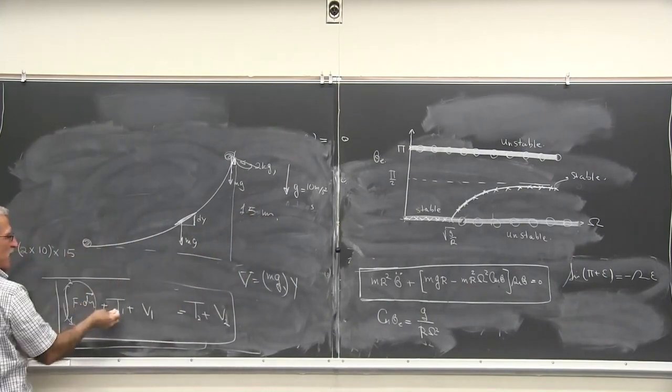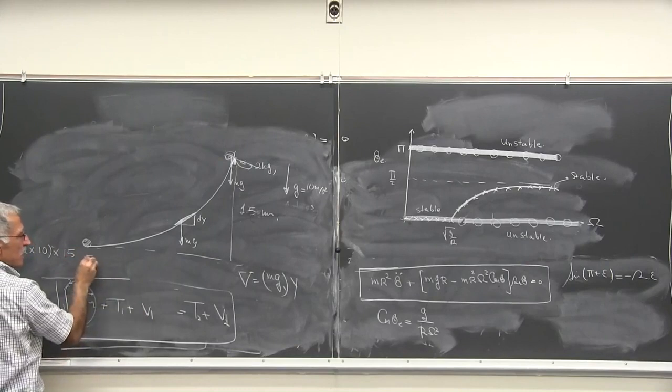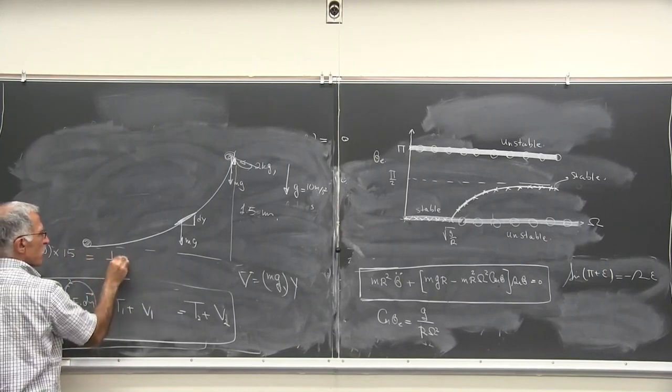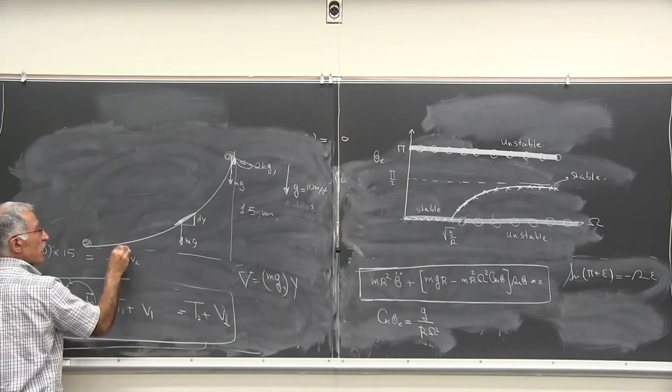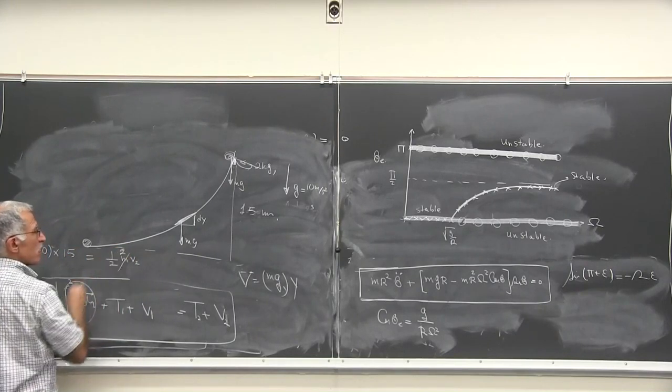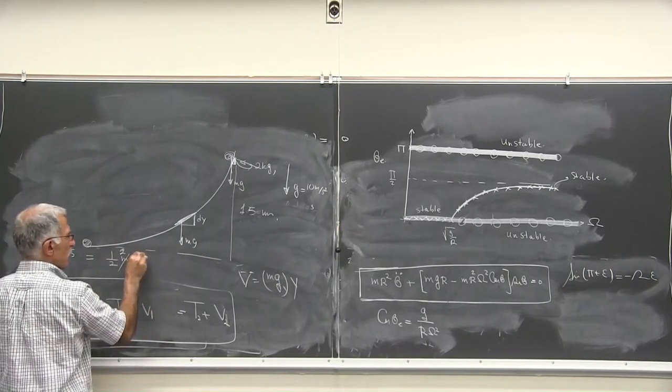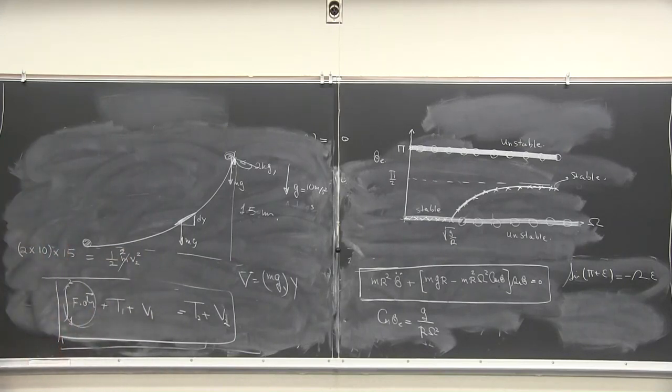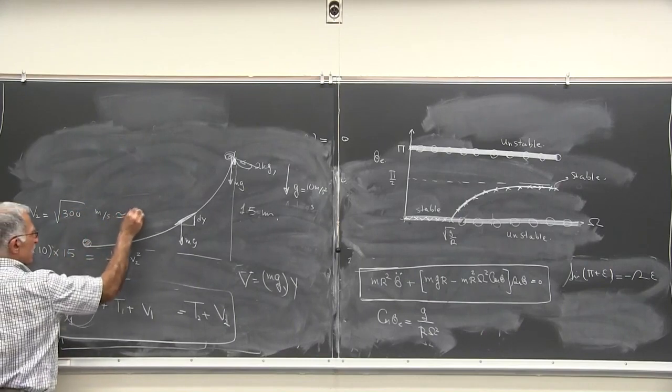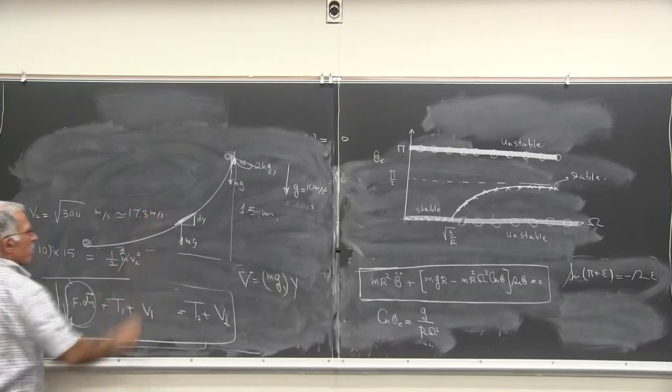So T1 is 0, V1 is 0, and that equals T2, which is 1/2 m v2 squared, and that is equal to 2 kilograms times velocity squared. From here you can say velocity squared becomes 20 times 15. That becomes 300, a square root of 300 meters per second, which becomes around 17.3 meters per second.